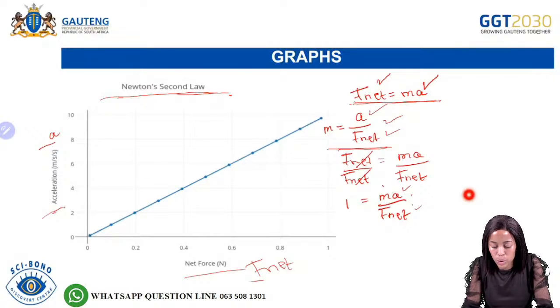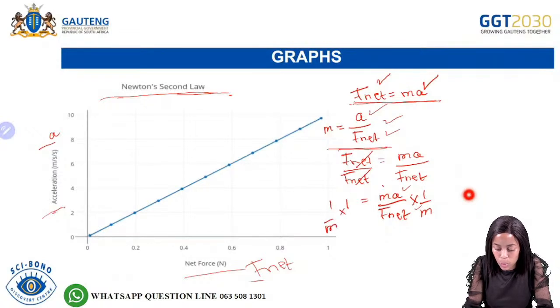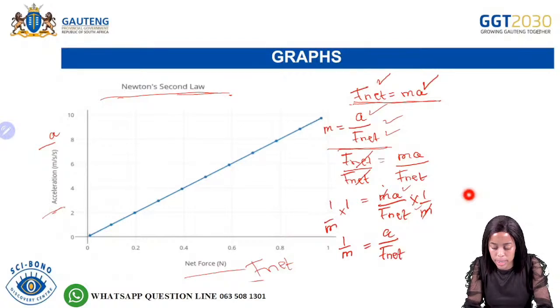So we need to find a way to get rid of the m. Mathematically, we multiply both sides by 1 over m. When we multiply both sides, on the right hand side the m and the m will cancel, and on the left hand side we are left with 1 over m. On the right hand side, we are left with acceleration over the F net.